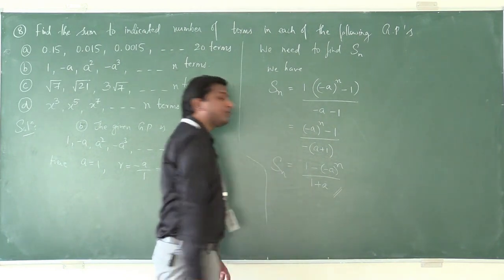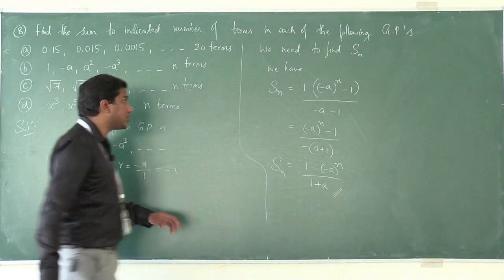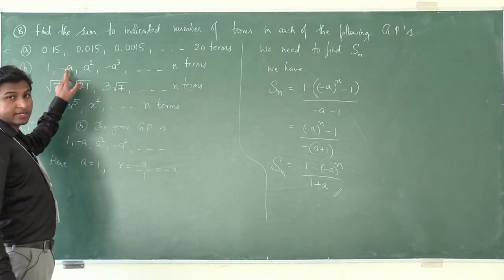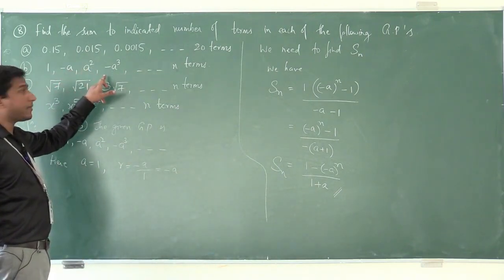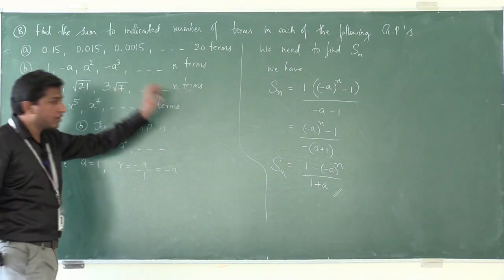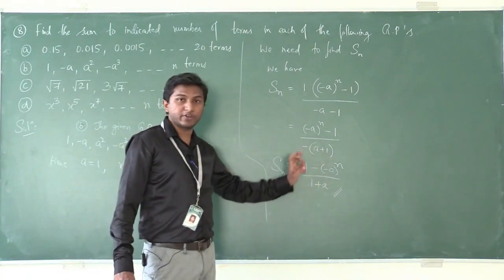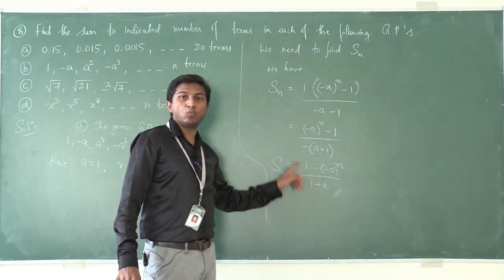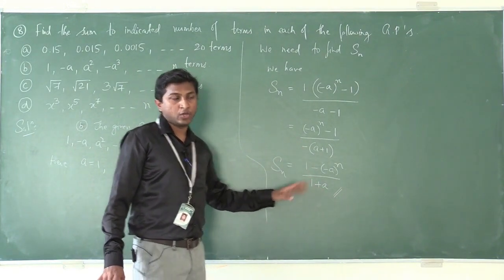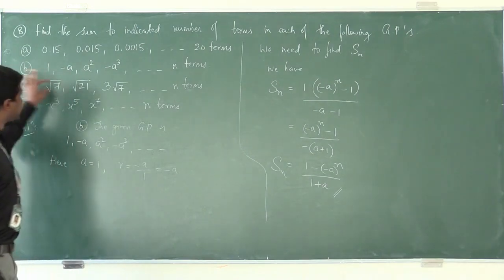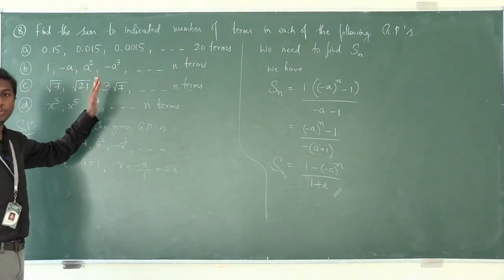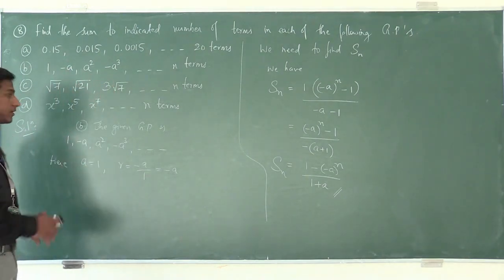So sum of n terms of the GP 1, minus a, a square, minus a cube, and so on is 1 minus of minus a whole power n whole divided by 1 plus a. So sub-questions C and D, you try these as homework.